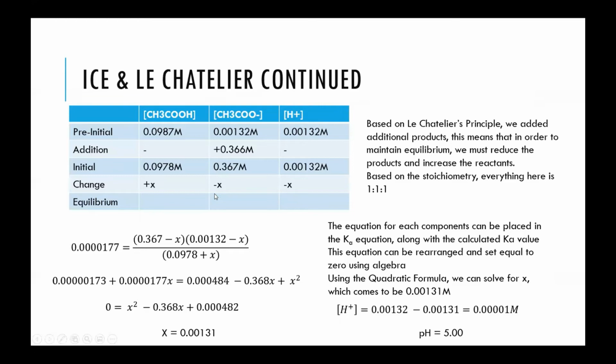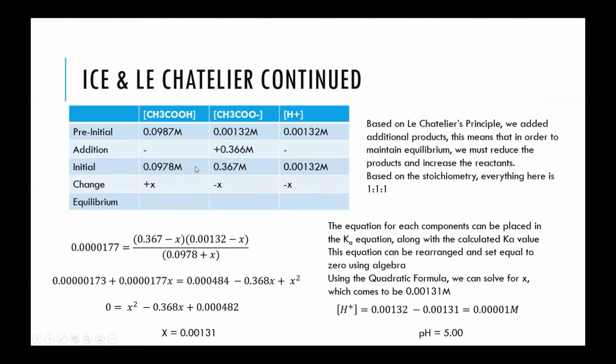In this case, we added one of the products. So the reaction itself is acetic acid breaking apart into acetate ion and H+. So acetate and H+ are the products. And we added some of that back into the equilibrium system. We added a product. Based on Le Chatelier's principle, that means the product side has to decrease and the reactant side has to increase.